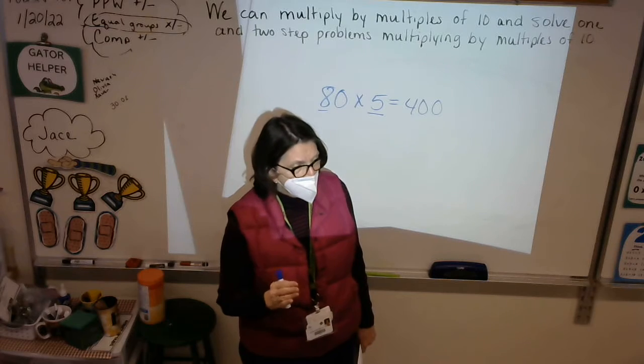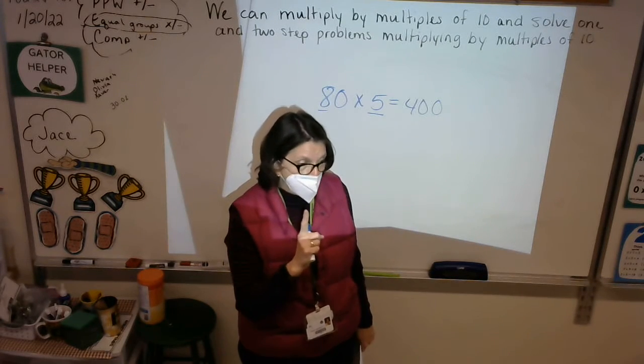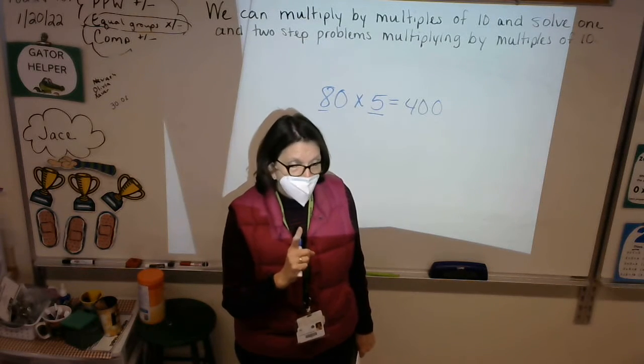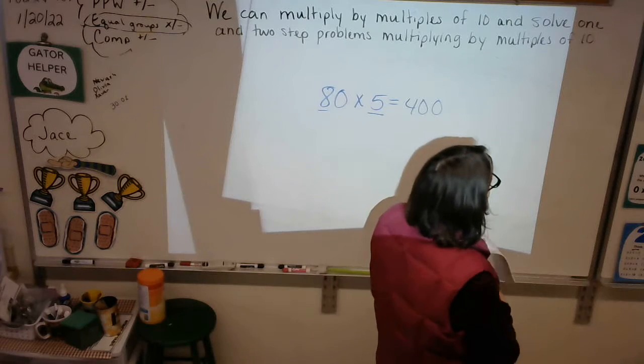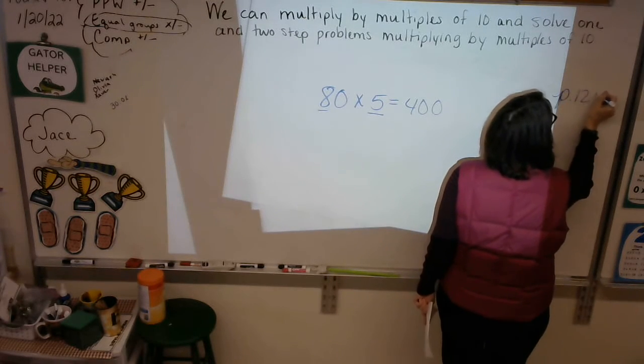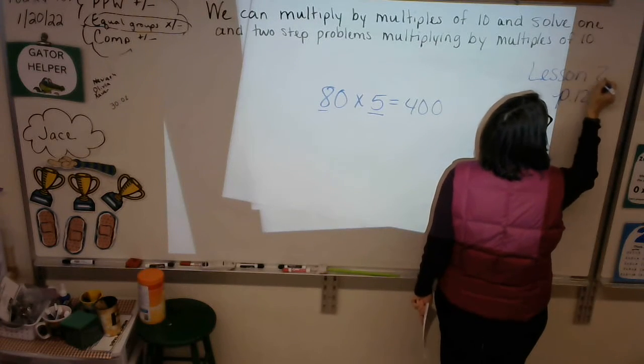So before we do our exit ticket, we're going to do one more 2-step word problem in your workbook. So if you would open up your workbook to page, I think it's 121. It is lesson 21, and it is the exit ticket.